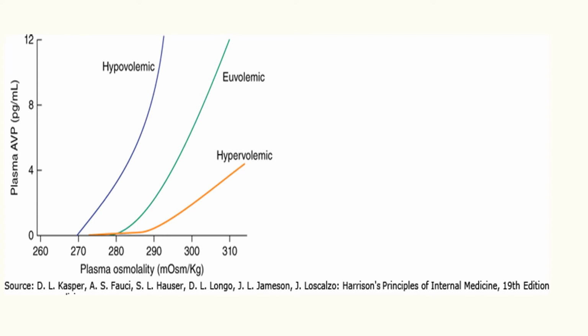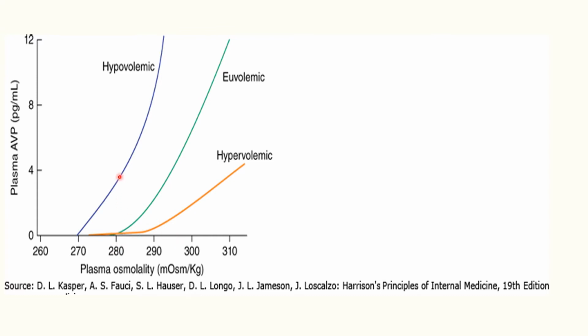Now I talked about, look here, I talked about the serum osmolarity being the major determinant, but effective arterial circulating volume is also very important. And if you see here, this is euvolemic, right? And this is 280 to 295 normal osmolarity.